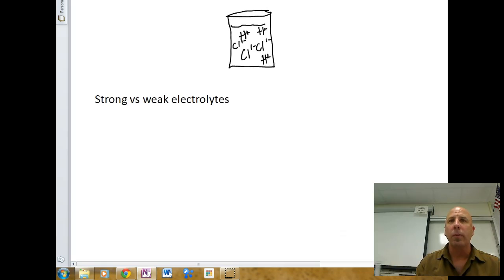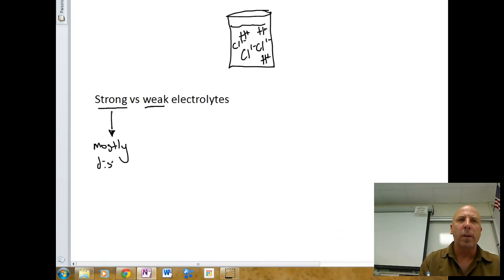The last thing I want to talk about tonight is the difference between a strong electrolyte and a weak electrolyte, because there are varying degrees of ionization or solubility. We'll talk more about this later, but let's get into the difference. We say that in strong electrolytes, the compounds mostly dissociate, meaning they completely break up into ions.